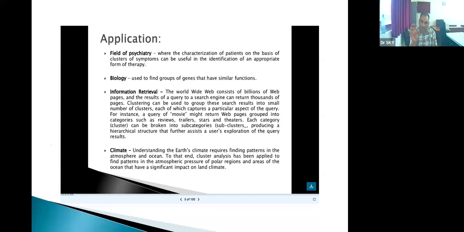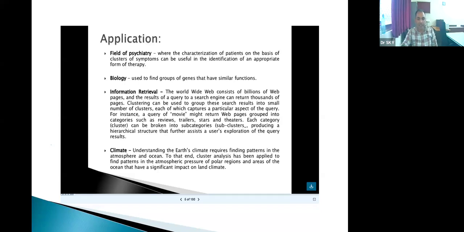So similar patients are put together in one group. This way cluster analysis is applied to psychiatry, and in biology it is used to find groups of genes. On the basis of their gene expression, or the functions of the genes, we can classify them into different clusters on the basis of the similarity of their functions.